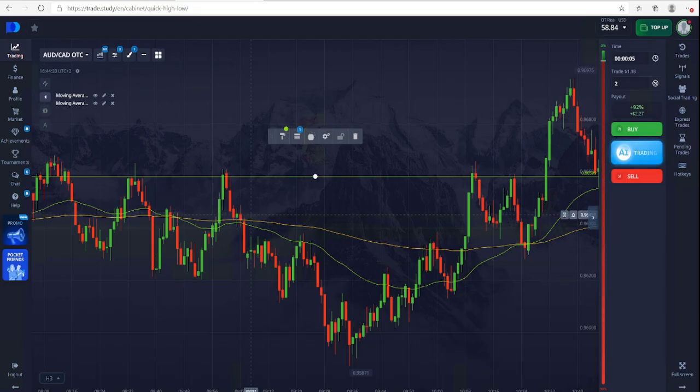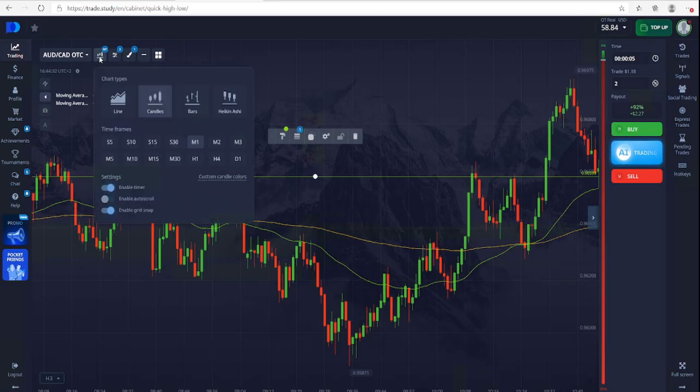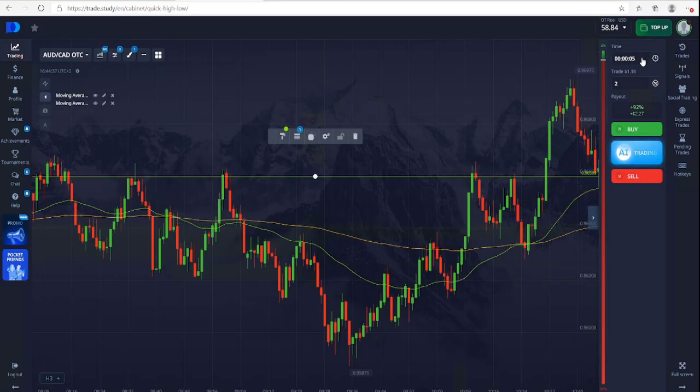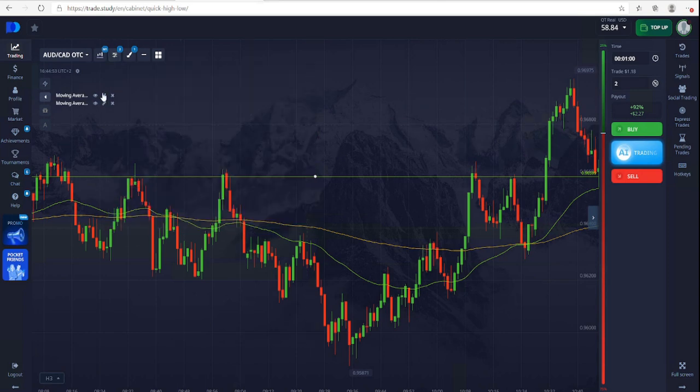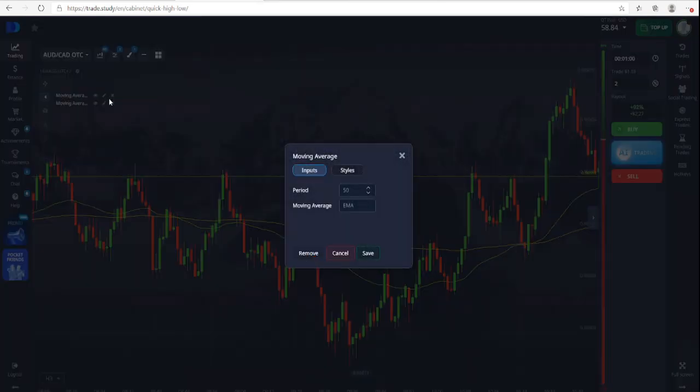First thing first, make sure you're on the 1 minute time frame. Rule number one, make sure you're on 1 minute expiry. And make sure you add two moving averages. How do you add a moving average? Just go to this point and click on moving average. Click on it twice, and the first one should be the 50 EMA.